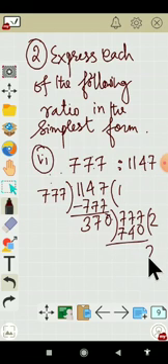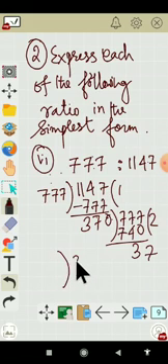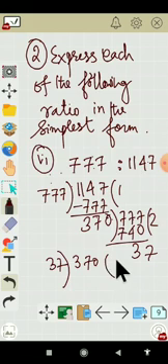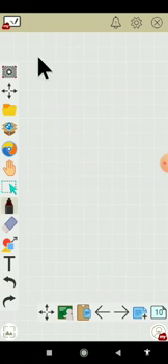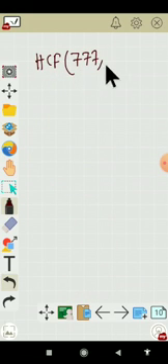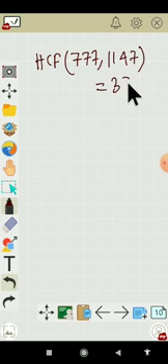So what will remain? 7 and 3. Now if you divide 370 by 37, 10 times it will go. So our HCF of 777 and 1147 is 37.